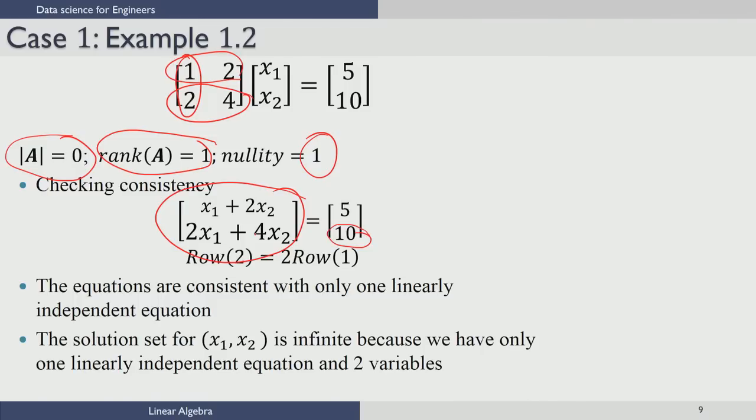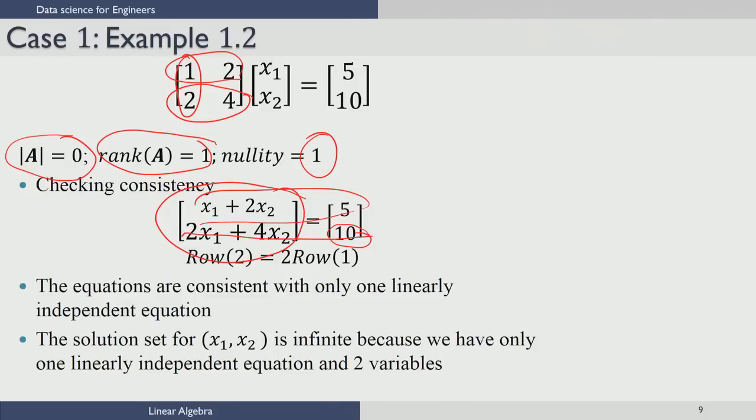So, in this case, you notice that if I solve this equation, I do not have to solve this equation, because I multiply this by 2, I get this equation. So, whatever x1 and x2 will solve that equation will also solve the second equation. So, I can drop one of these two equations. Let us assume I drop this equation out. So, I am just left with x1 plus 2 x2 equal to 5.